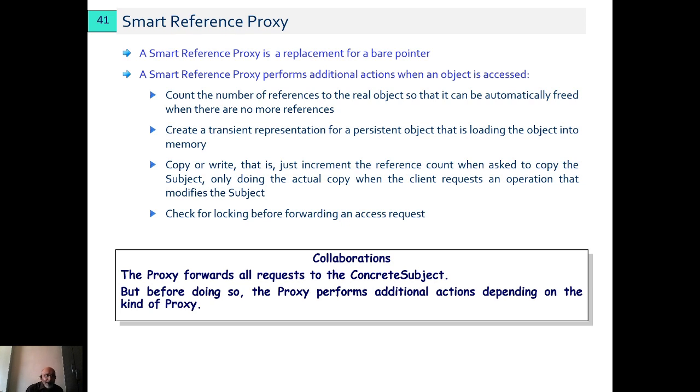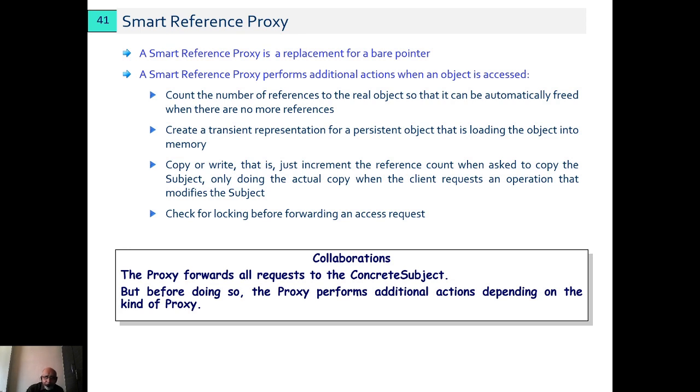That is a replacement for a bare pointer, where you don't know the destination, isn't it? So you create a transient representation for a persistent object so that you can make just the reference. Nothing is copied, nothing is kept with the referencing object.